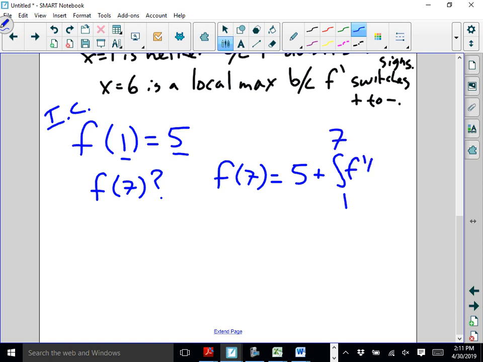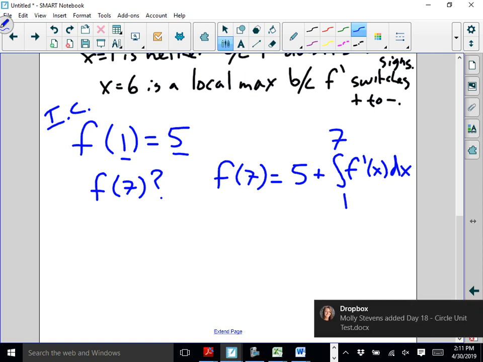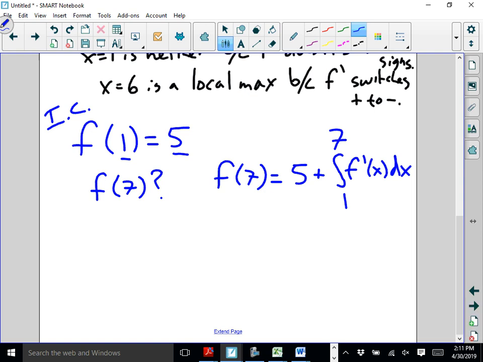Sometimes they'll ask a question like this. You may say, well, how am I supposed to do an integral of something I don't know? Well, that's why they gave you the area of those pieces. So we know that f of 7 must equal 5 plus the integral from 1 to 7.